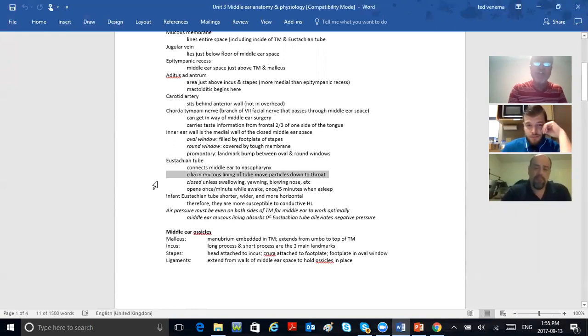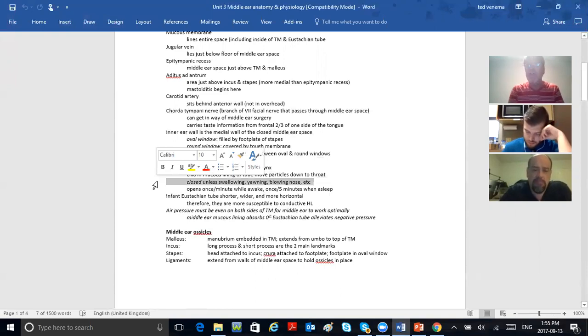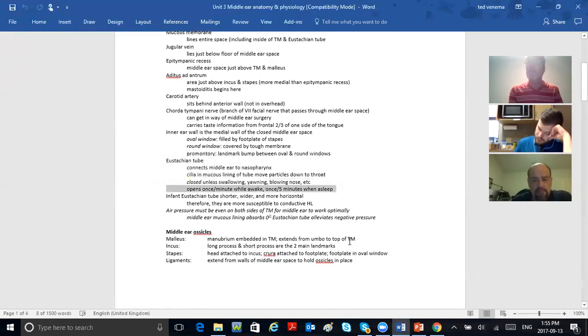Your eustachian tube is always closed unless you swallow or yawn or blow your nose really hard, and then that pop, you'll feel it in your ears. That's the opening of your eustachian tube for a split second. Your eustachian tube also opens once a minute while awake and about once every 5 minutes when you're asleep, letting new air come up into your middle ear space.